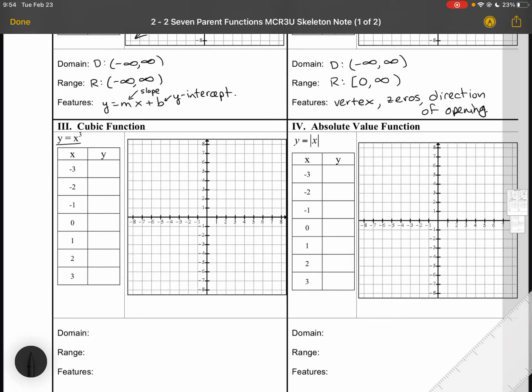So for y equals x cubed, we've got minus 27, minus 8, minus 1, 0, 1, 8, and positive 27. And we can put that on the graph. Looks a little bit different than the parabola.